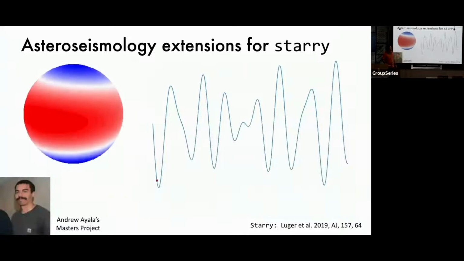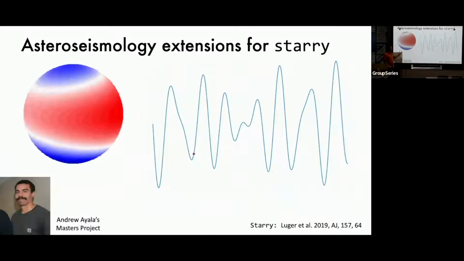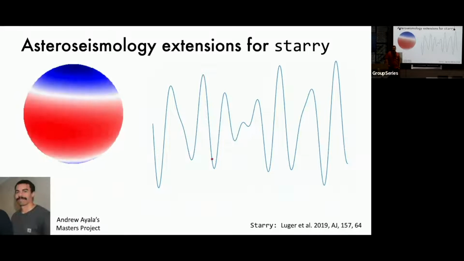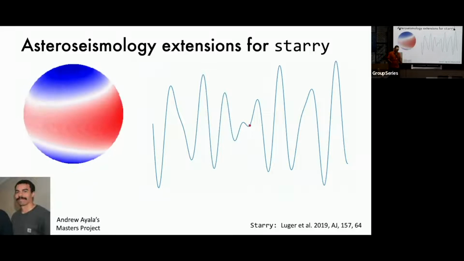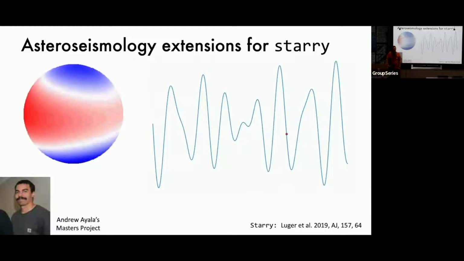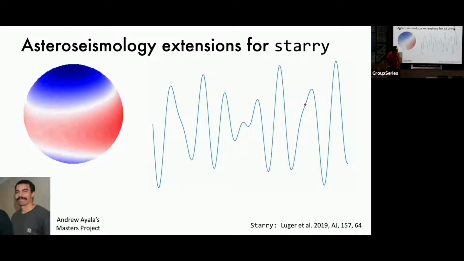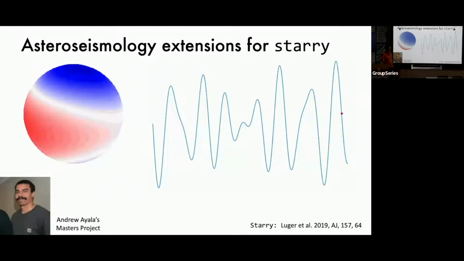And so STARry will be great for including the effect of eclipses to give us constraints on what the spherical harmonics are of the individual modes, which really simplifies our comparison of our measured pulsation frequencies to the modeled pulsation frequencies in our stellar models. So this is a project we've just been working on this year, but it's heading in that direction.